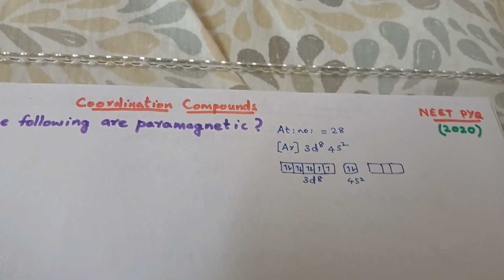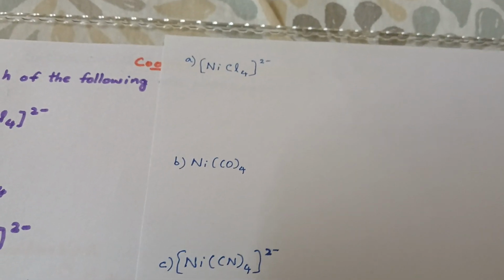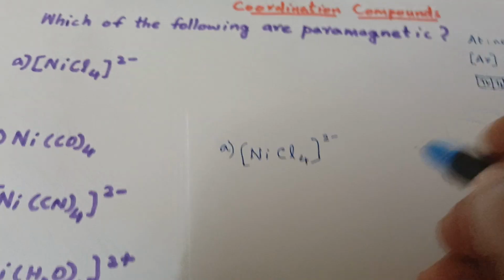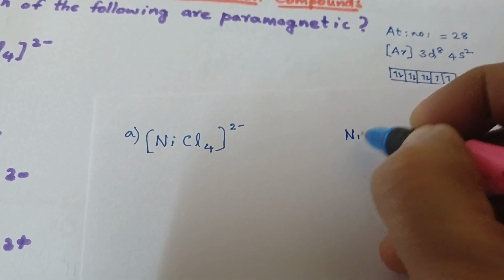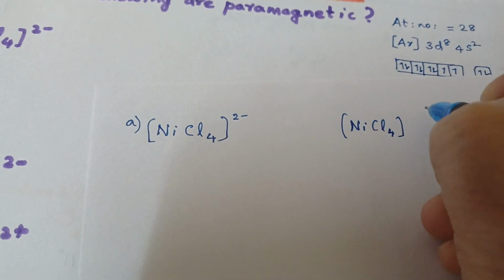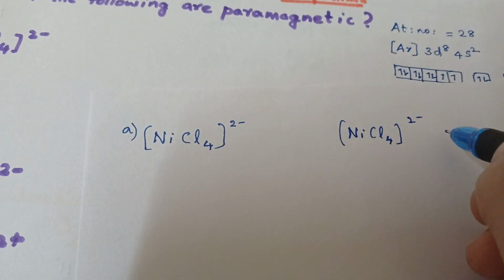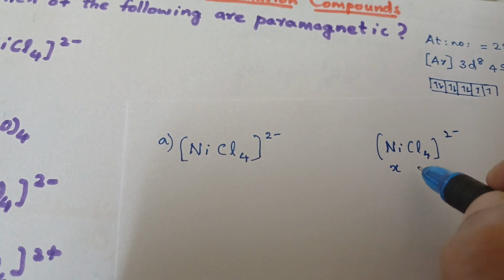Now let us start with the first compound, that is NiCl4 2-. What is the oxidation number of nickel that we need to find? Let X be the oxidation number of nickel. There are 4 chloride ions.